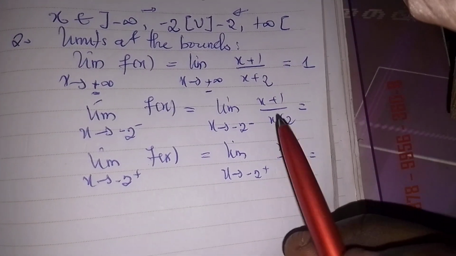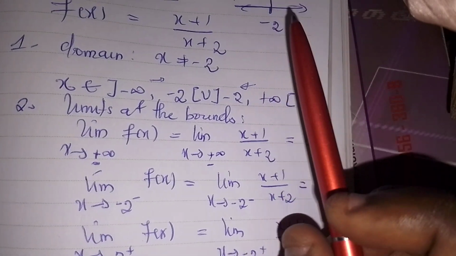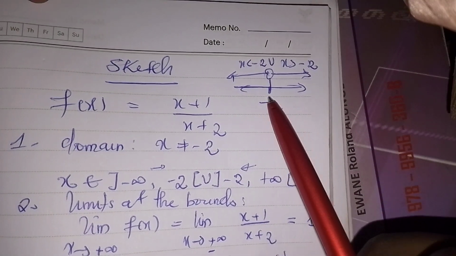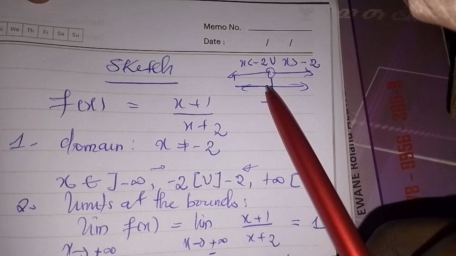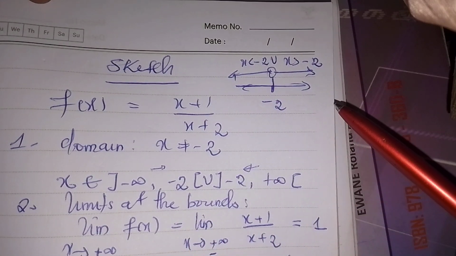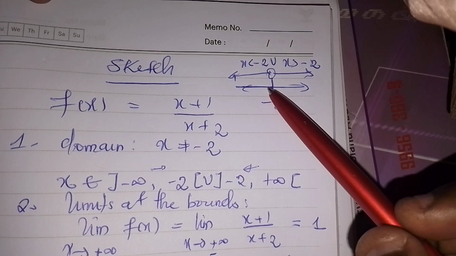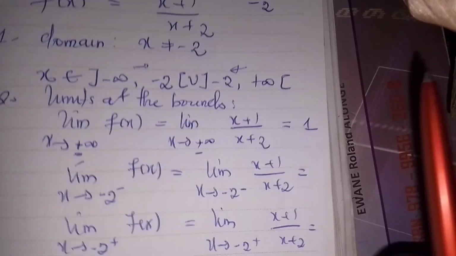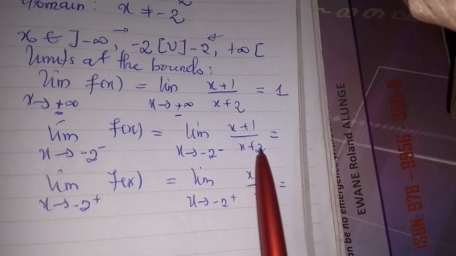Okay, so negative 2 from below means that you're approaching negative 2 from the left. It is a number that is less than negative 2, but very close to negative 2. For example, maybe negative 2.00001. Now, you have to use your calculator. Replace it and punch.